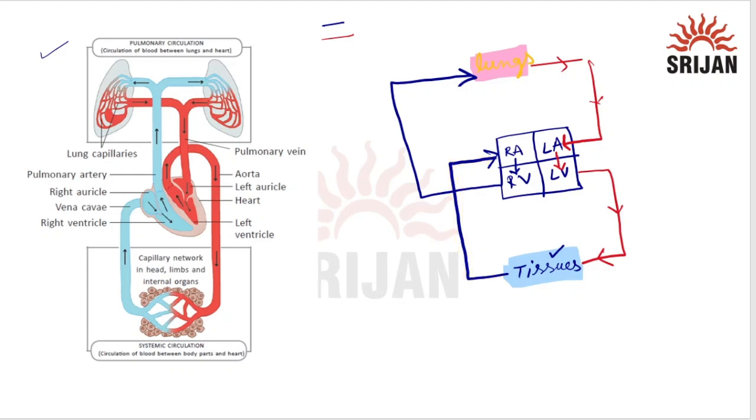This one is known as the vena cava. And we have two vena cava, superior and inferior. Superior vena cava will drain the blood from the upper side of the body, and inferior vena cava will drain blood from the inferior side of the body, from the lower limbs and abdomen part, right?